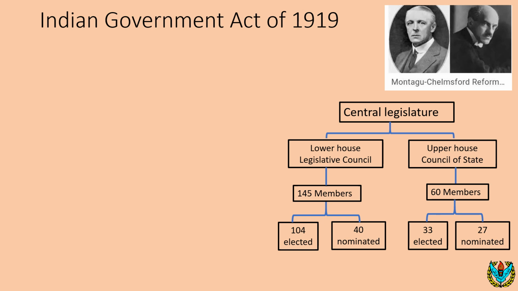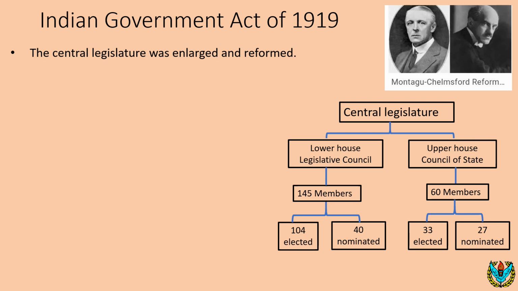After 10 years, the Britishers introduced one more act in 1919, which was known as the Montagu-Chelmsford reforms. Montagu and Chelmsford were two persons who presented this act, and the major features were: number 1, under the Act of 1919, the Central Legislature was enlarged and reformed.